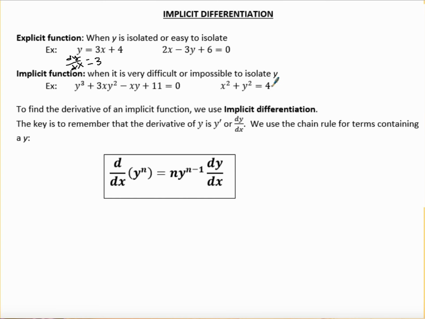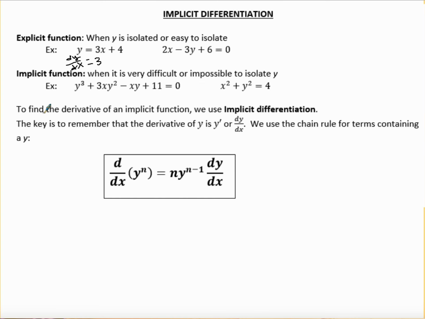It might not bring you joy. Or how about if I asked you to get y alone from this equation? Ay, Dios mío. You're not going to be happy. So my suggestion is, use implicit differentiation, because sometimes it's really, really difficult to isolate your variable y.